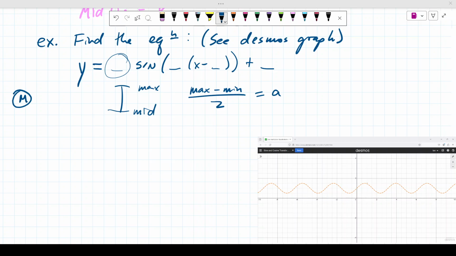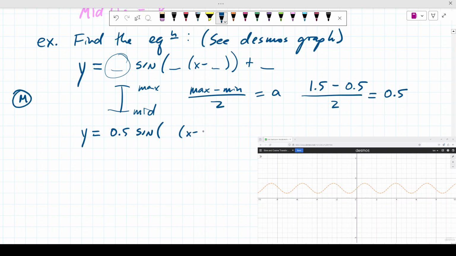When I look at it, the max looks like it is at 1.5. The min is at 0.5. So 1.5 minus 0.5, divided by 2, works out to 0.5. So my A here is 0.5. Okay, so far so good.